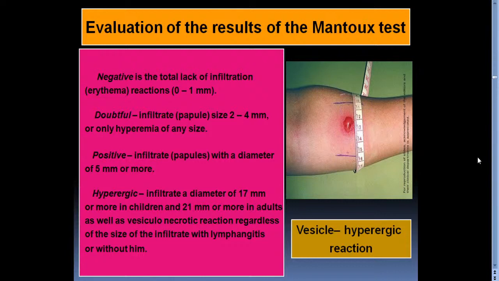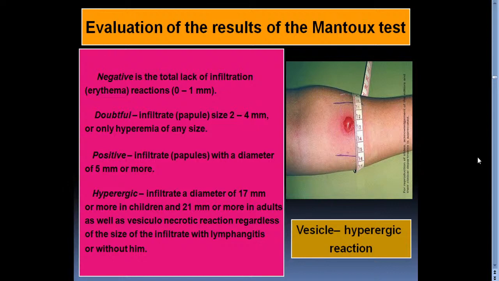Third reaction, positive. This is infiltrate or papilla with a diameter of 5 millimeters or more. And the last reaction is named hyperergic. This is infiltrate with a diameter of 17 millimeters or more in children and 21 millimeters or more in adults, as well as vesicular necrotic reaction regardless of the size of the infiltrate, with lymphangitis or without it.